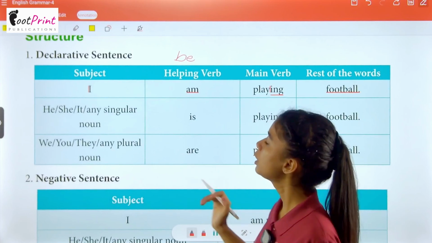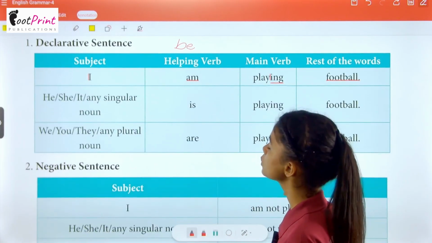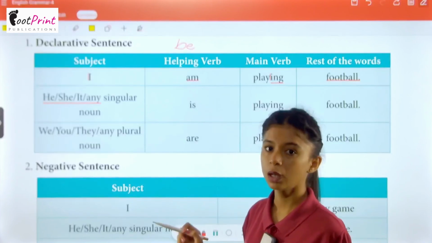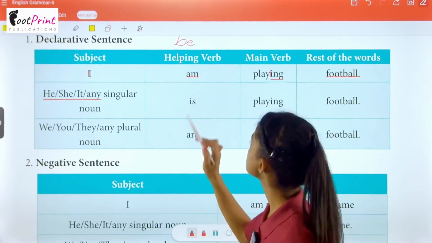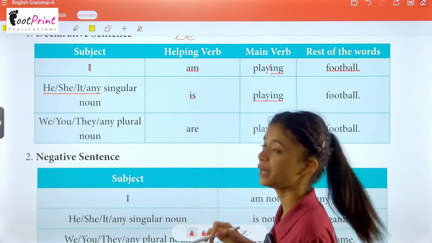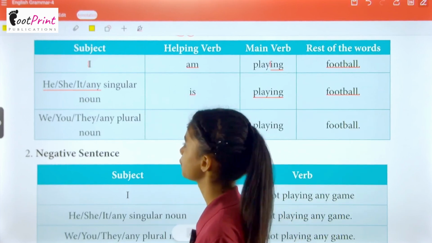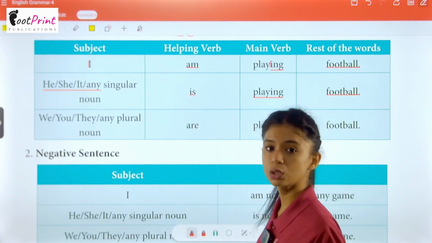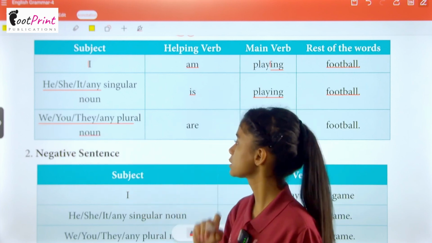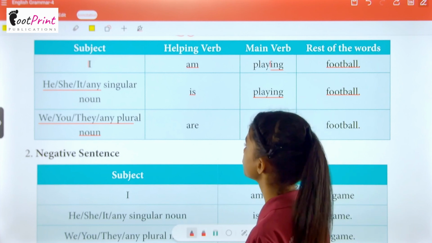So, this is how the subject I sentence is formed. After that, we see he, she, it, or any other singular noun. With it, we use is as our helping verb. After that, we put our main verb again with ing and then the rest of the words. So, these were the singular ones. Now, we will look at the plural subjects, that is, we, you, they, or any other plural noun.